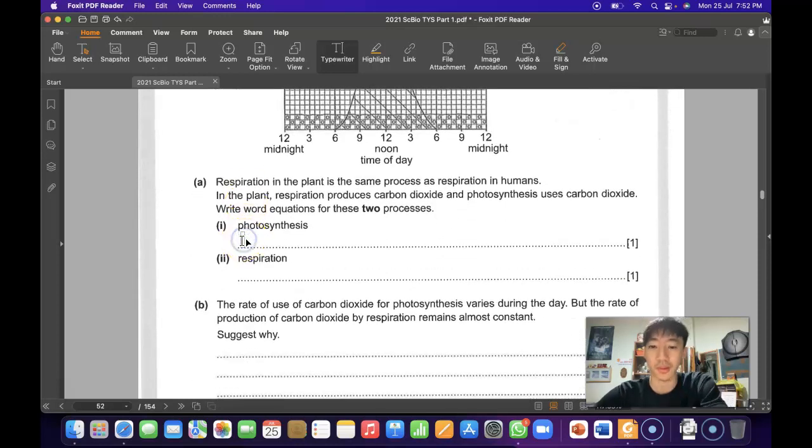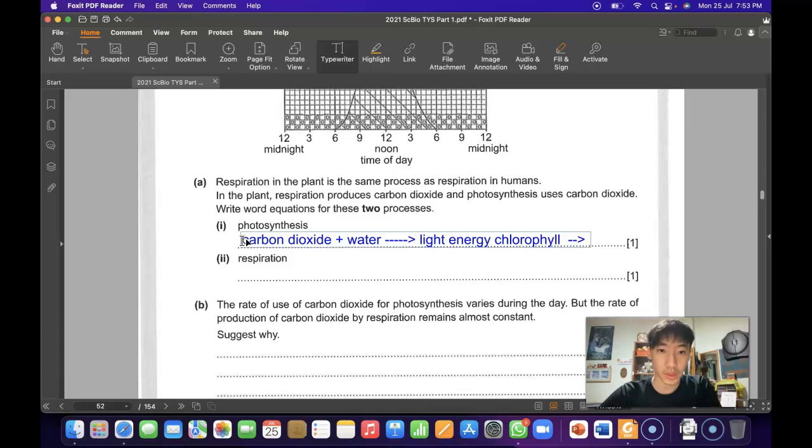Photosynthesis: carbon dioxide plus water, in the presence of light energy and chlorophyll, equals... I'm writing it this way because I can't type it that way. I've got no more space. Okay, let's write here.